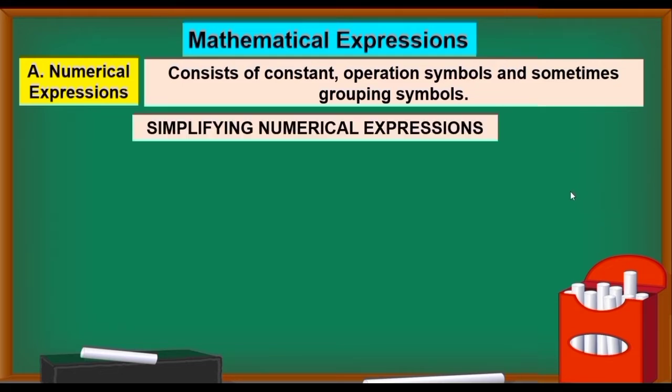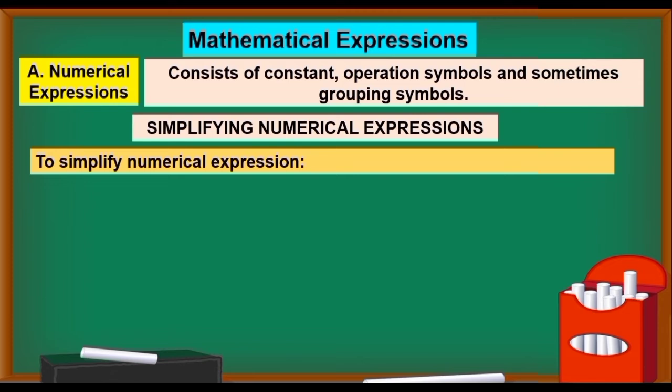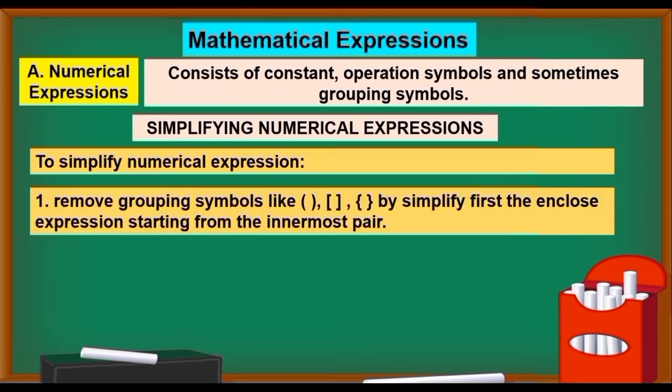In simplifying numerical expressions, meron tayong mga rules na dapat tandaan. Number 1, we have to remove grouping symbols like parenthesis, brackets, braces, by simplifying first the enclosed expression starting from the innermost pair. Tandaan natin, uunahin po natin yung mga grouping symbols mula sa pinaka-loob.